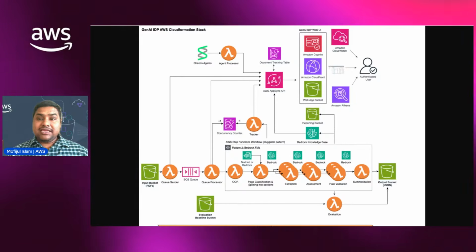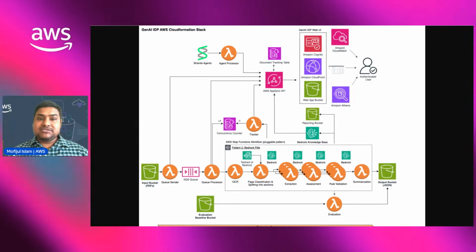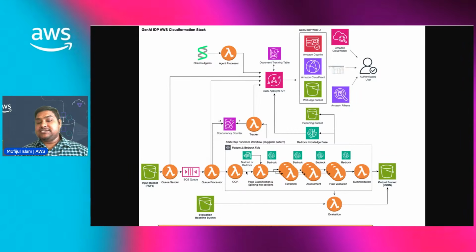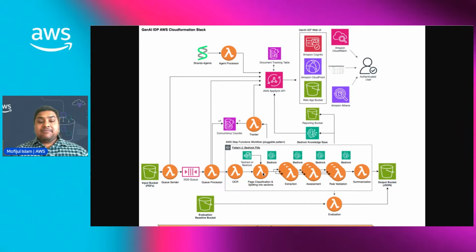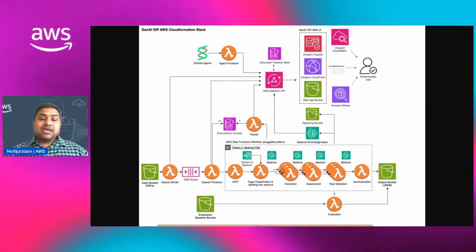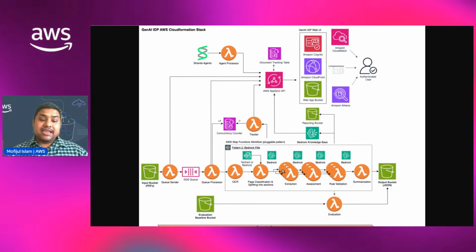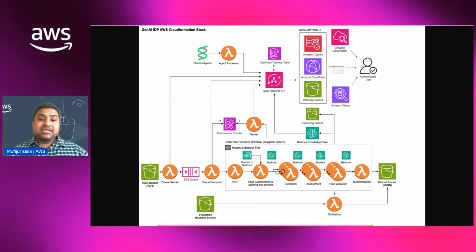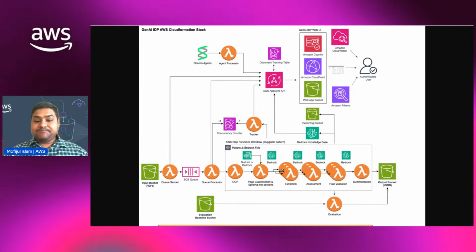It is processing and converting the document into text format. Then we have the classification module, which splits the document into different sections. And then we process each section separately and extract the relevant information based on the configuration we define in the document schema.